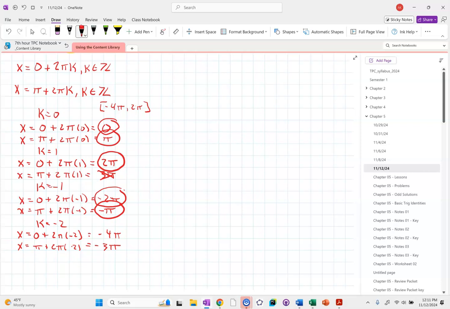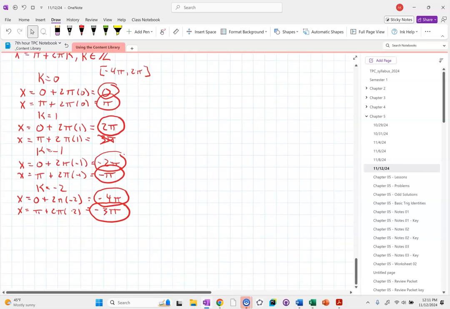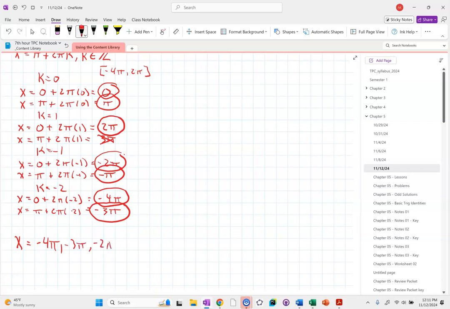Again, negative 4 pi counts because it's a bracket. Negative 3 pi is in between. And because I found the very bottom of the interval, I know I'm done here also. So my solution should be negative 4 pi, negative 3 pi, negative 2 pi, negative pi, 0, pi, and 2 pi.